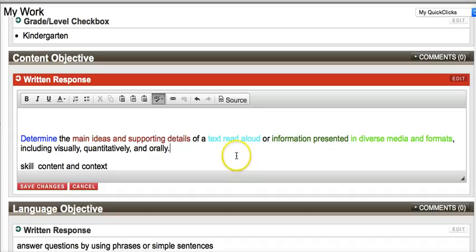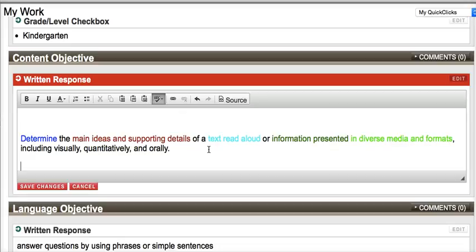So for this, it says if I'm going to use this standard, that they are going to include visual, quantitatively, and or orally, meaning the different kinds of diverse media formats. So why is this important? It's important because now I have to craft the objective of the lesson.